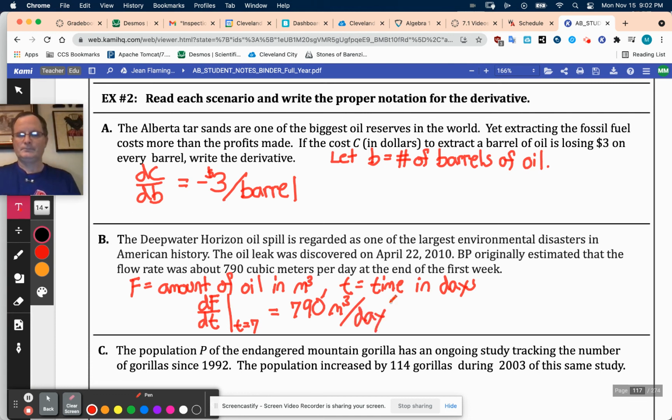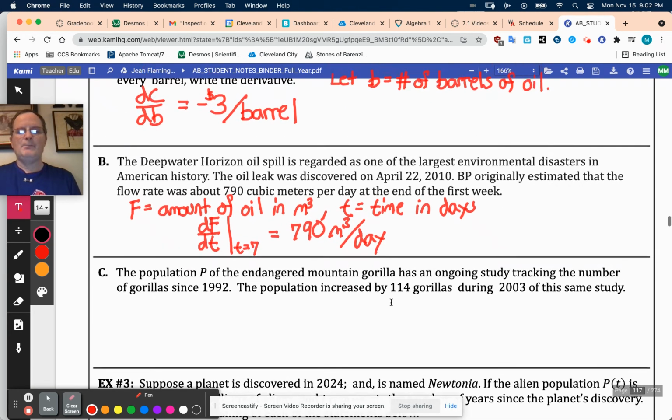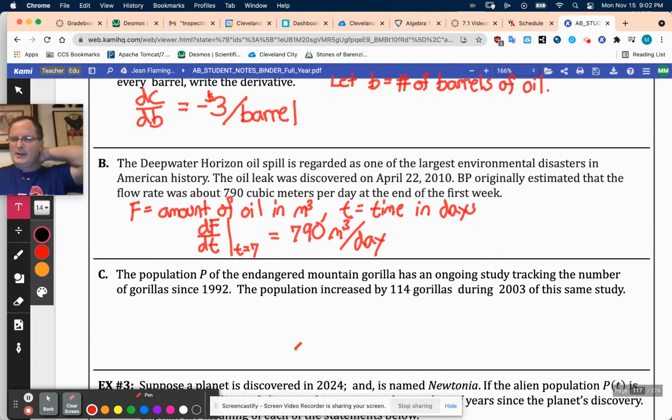Okay. All right. Population P of endangered mountain gorilla has an ongoing study tracking the number of gorillas since 1992. Population increased by 114 gorillas during 2003 of this same study. All right.